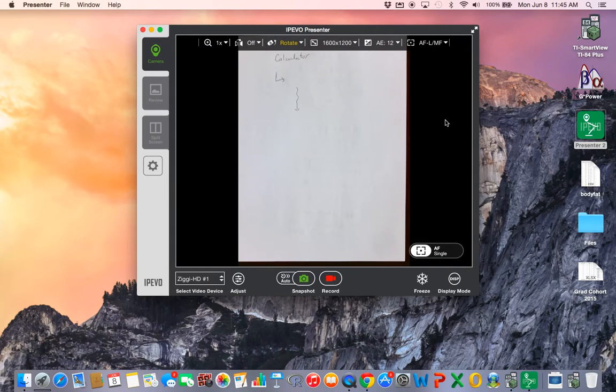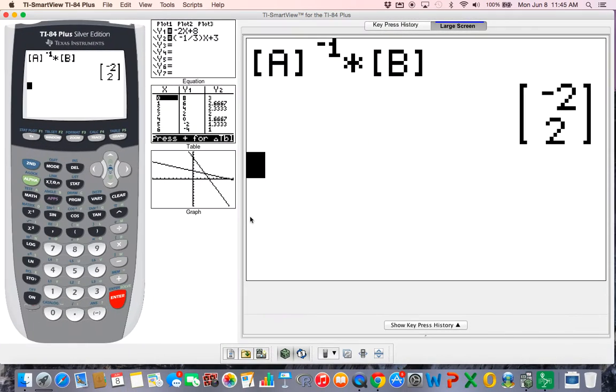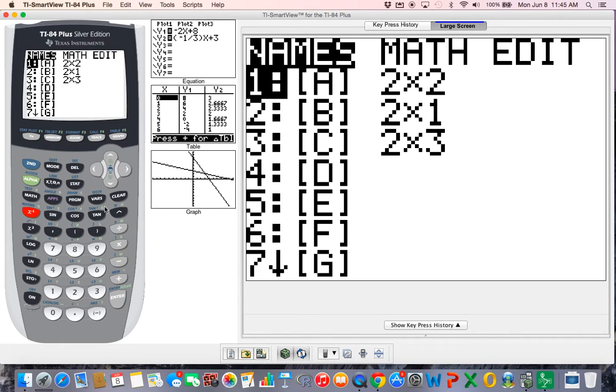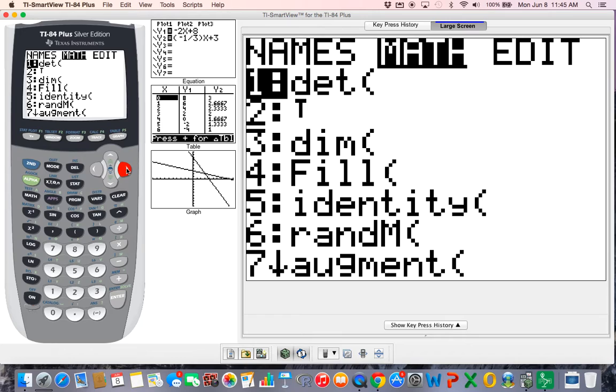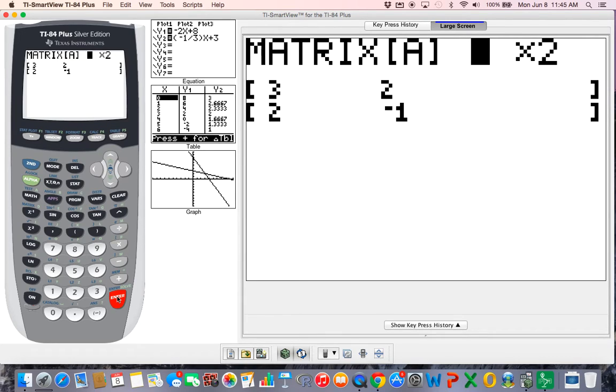So guys, we're going to go into our calculator and put in the augmented matrix, and I'm going to choose it to be the first one. So I'm changing what I call the coefficient matrix to the augmented matrix, which is a 2 by 3.